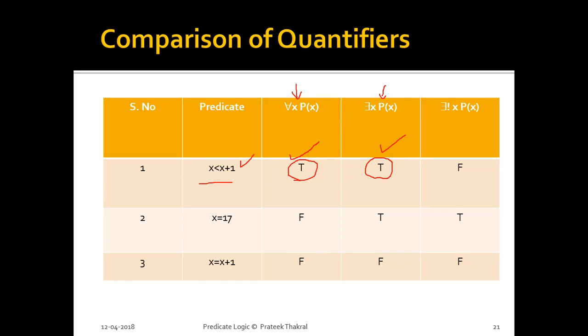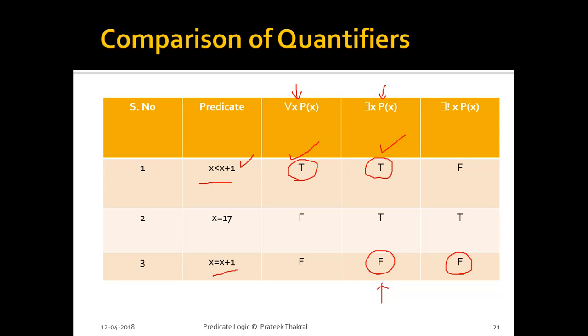The second case is, if the value of existential quantifier is false for any particular predicate, then definitely the value of uniqueness quantifier cannot be true for that predicate. Why is it so? Because the existential quantifier being false means there is not even a single x for which this predicate is true.